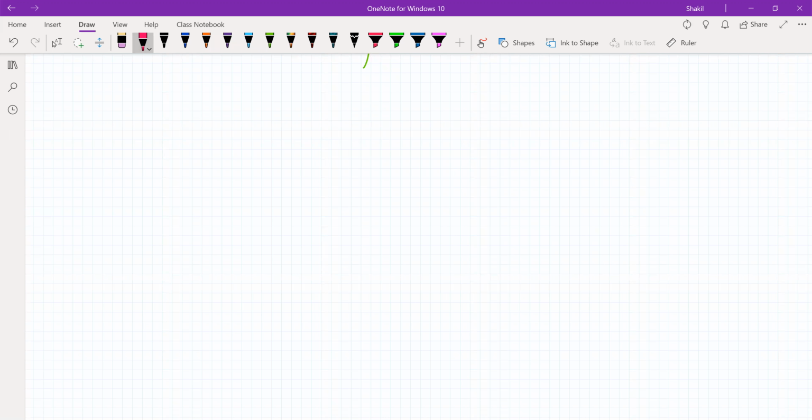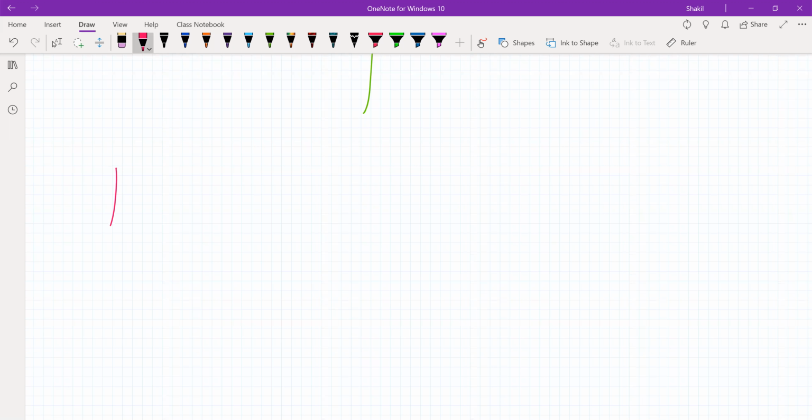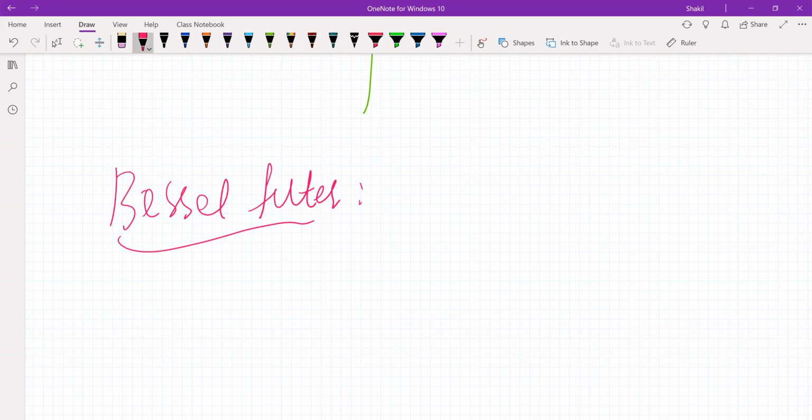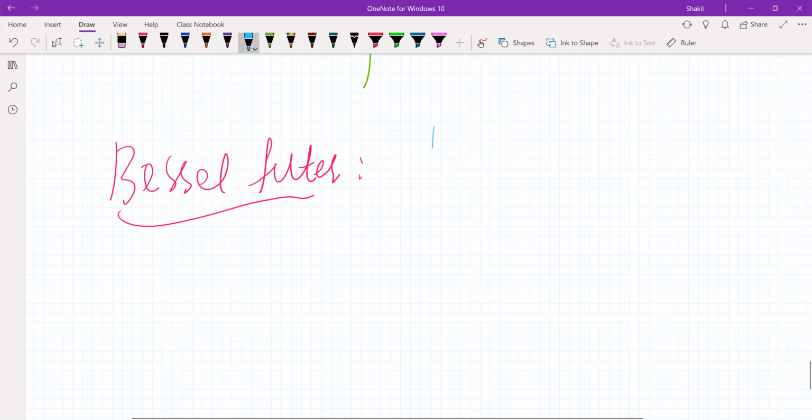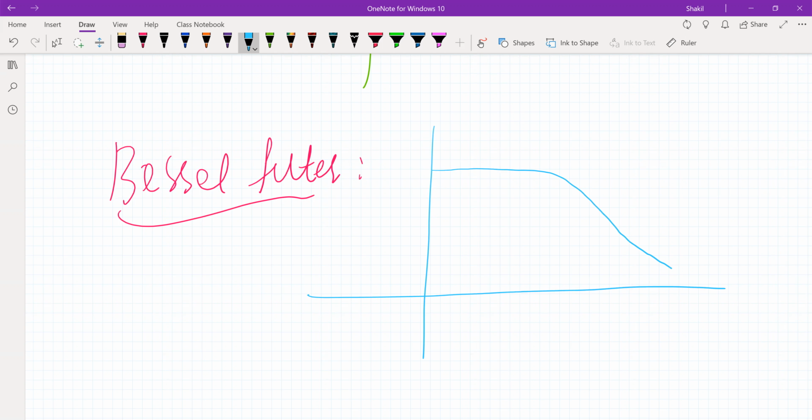Now the last type is the Bessel filter. This has a maximally flat response in both the bands, the pass band and the stop band. If you see, the Butterworth filter has an identical response.